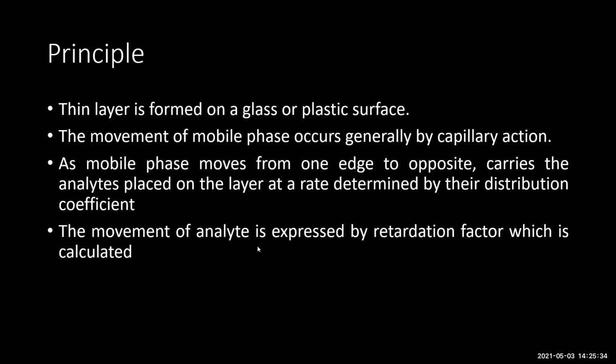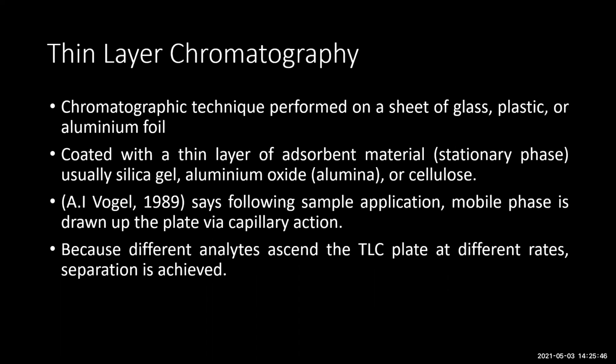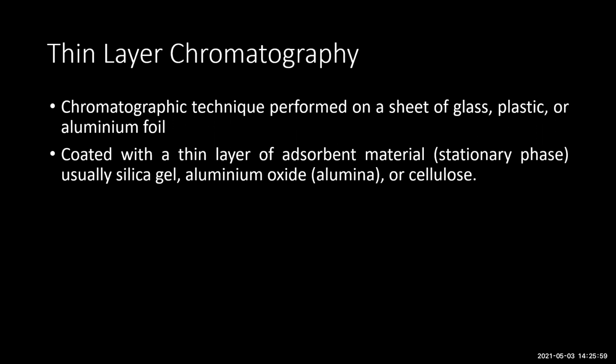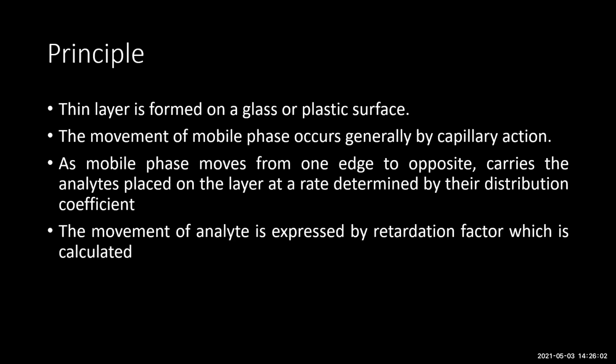Here, the movement of the analyte is expressed by the retardation factor, which is calculated. What did we see in the last lesson? We saw the Rf value, the rate of flow, as our value to identify any analyte in paper chromatography. However, here in thin layer chromatography, we use something called the retardation factor, which needs to be calculated.